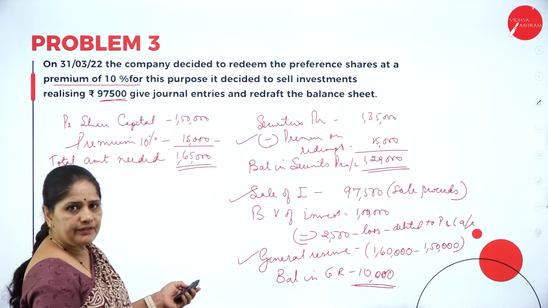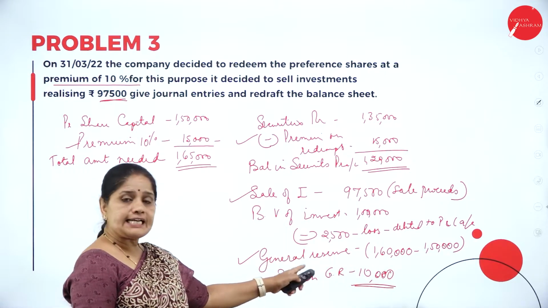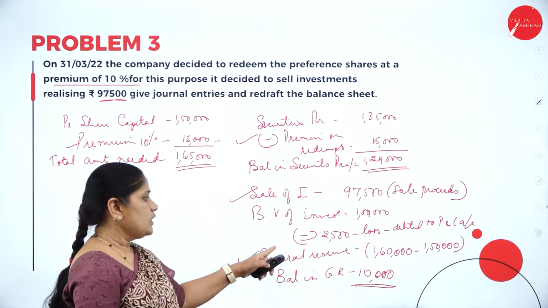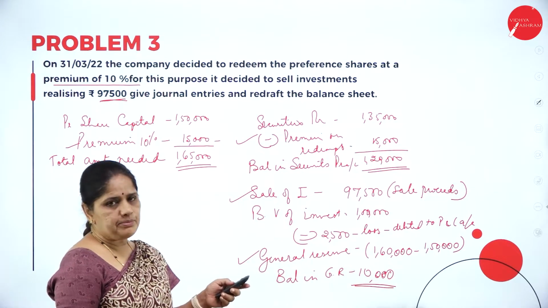So the next entry will be for transferring the general reserve to capital redemption reserve. The general reserve is a divisible profit.